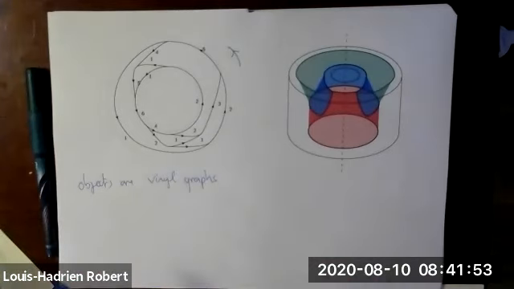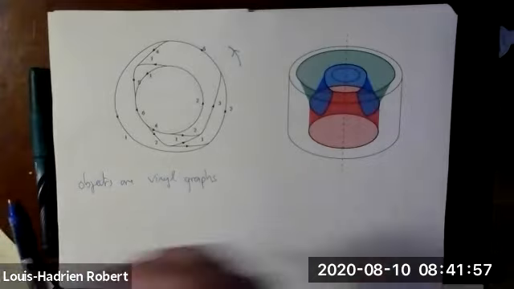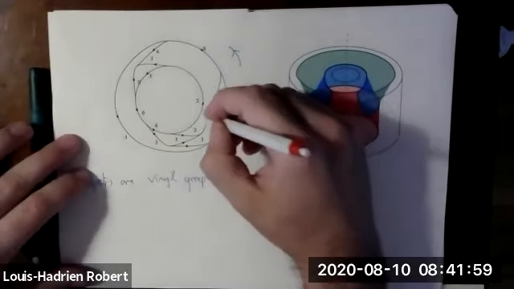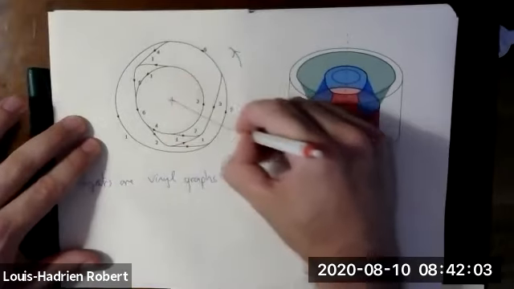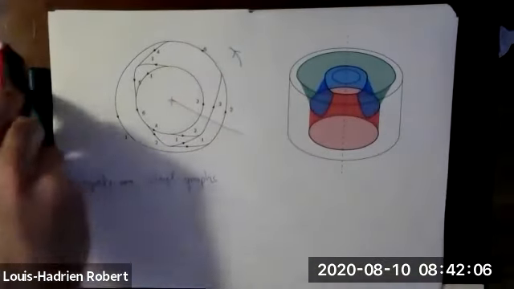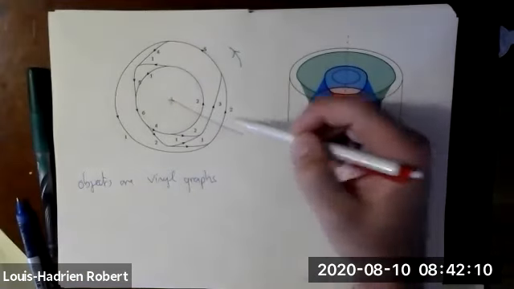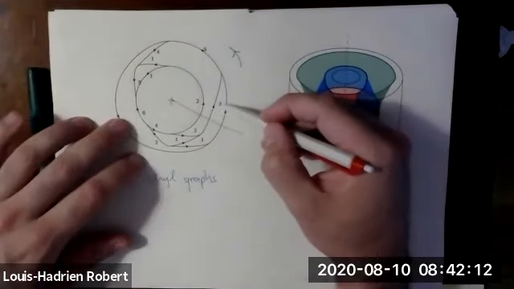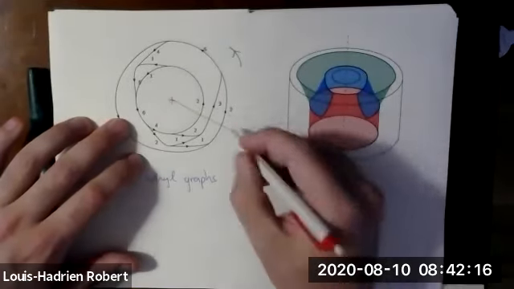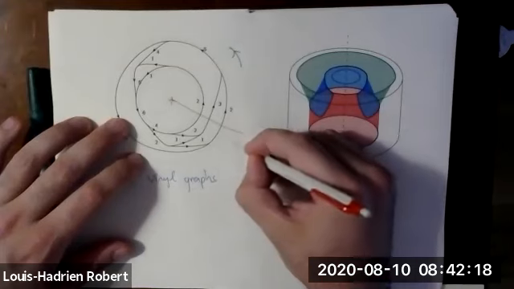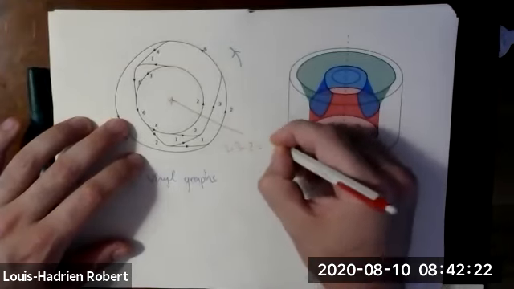Before I go on, I want to emphasize something. I can define an index. If I cut my vinyl graph somewhere, I will meet a couple of edges. I don't know if you can see the numbers here, but I have 2, 3, and 2. I can do the sum: 2 plus 3 plus 2 is equal to 7.